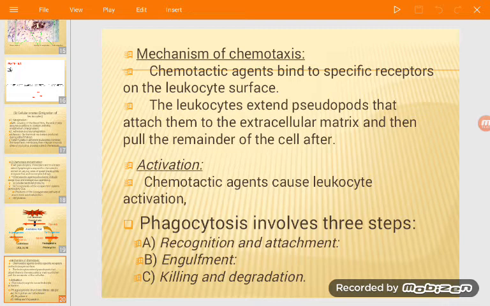Activation will lead the leukocyte to start to phagocytose foreign bodies, foreign cells or bacteria. Phagocytosis includes 3 steps. Recognition and attachment: recognition of the foreign body and attachment to it. Then it engulfs it inside a phagosome, then degrades or kills it inside the phagosome.